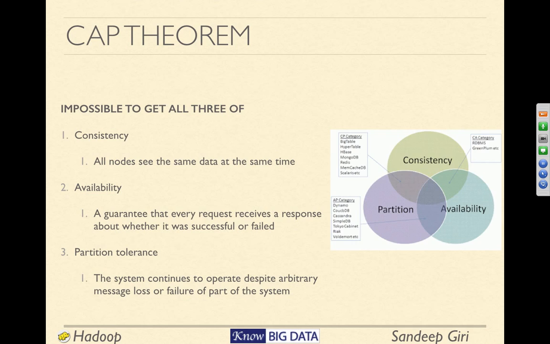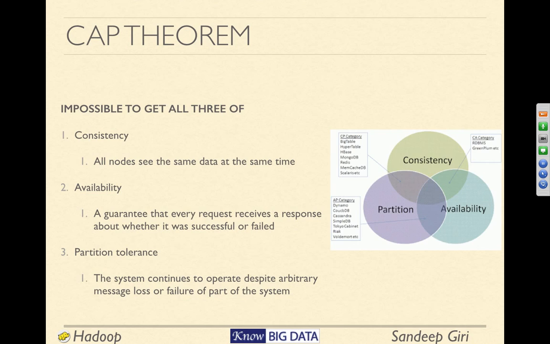CAP theorem says that out of three things, consistency, availability, and partition tolerance, it is impossible to get all three. You can at most get two out of it. So what does consistency mean? First, all the nodes see the same data at the same time. If I've just written some data and I'm reading it back, I should get exactly what I just wrote.